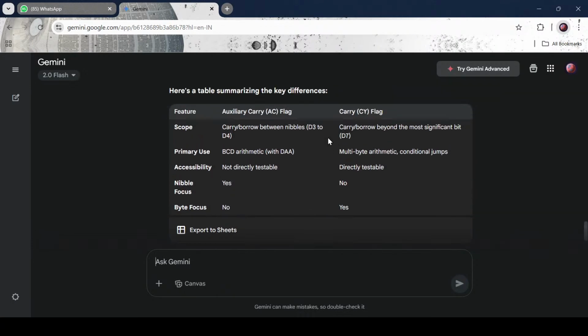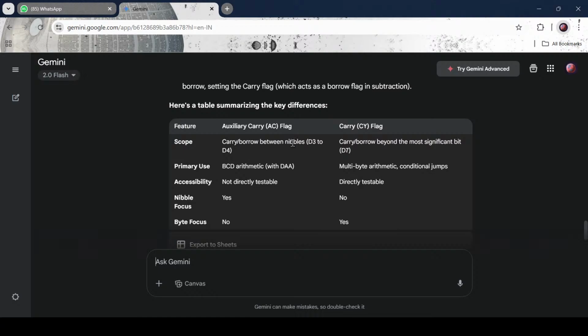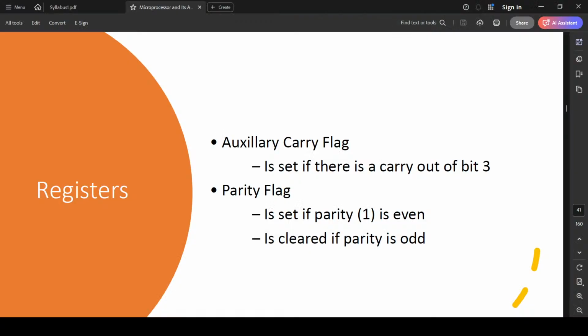Aha, yes. AC is carry or borrow between nibbles, D3 to D4. The carry flag is carry or borrow beyond the MSB. Okay, got it. The whole number gets the carry, and here it's not just a nibble.